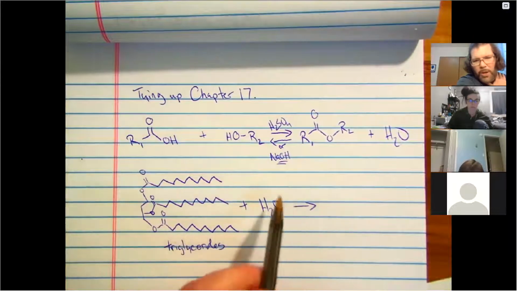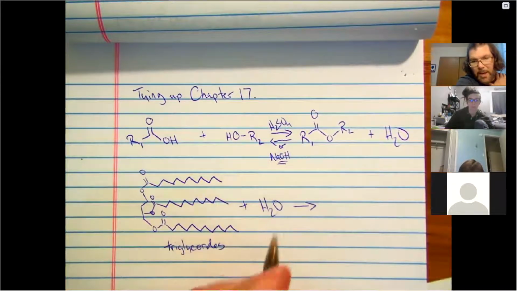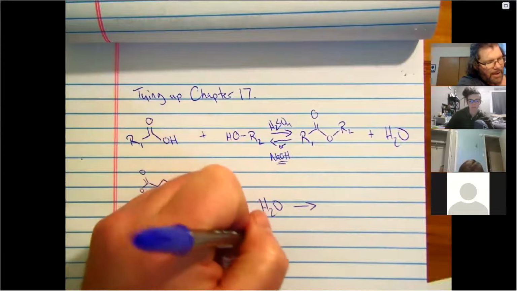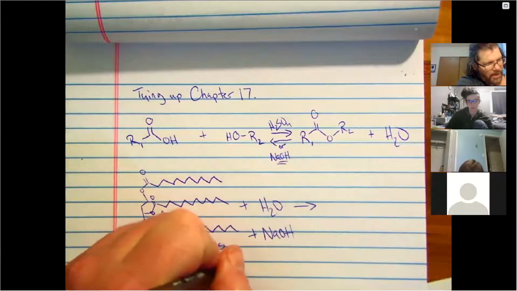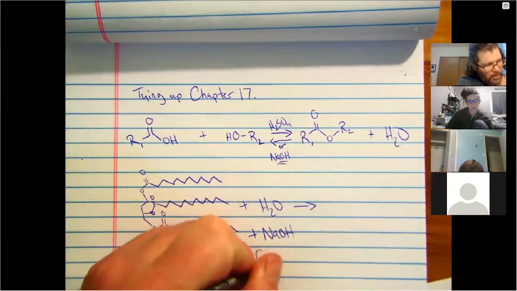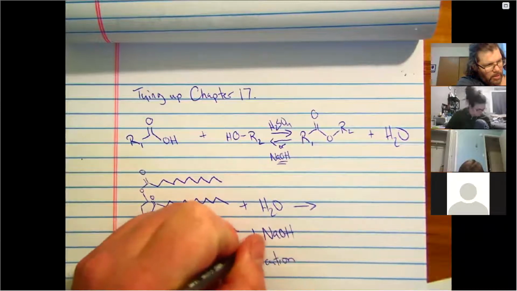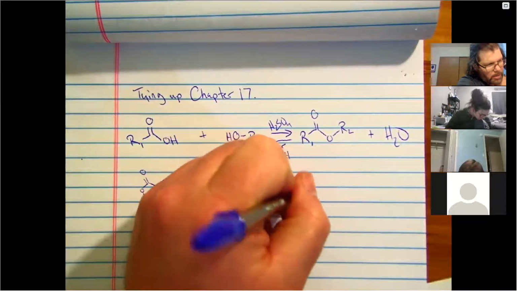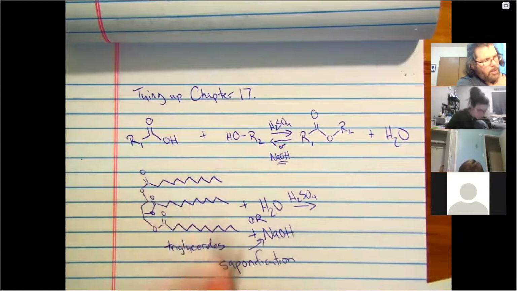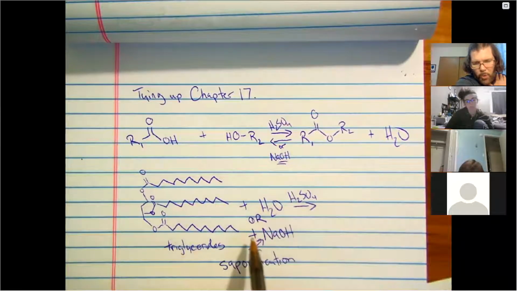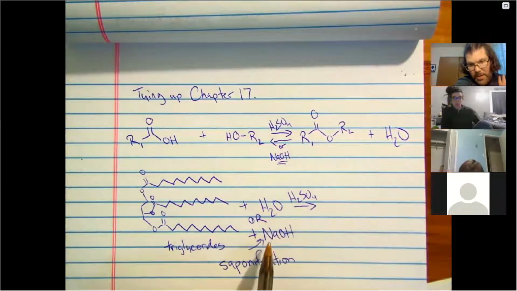And although we could do this with acid or base, it's much more commonly done by adding a base in. We call this saponification. So we can do water and an acid, or we can do a strong base in water like sodium hydroxide. Hydrolysis of an ester in base is what we call saponification.